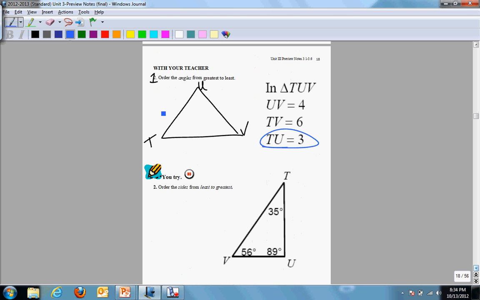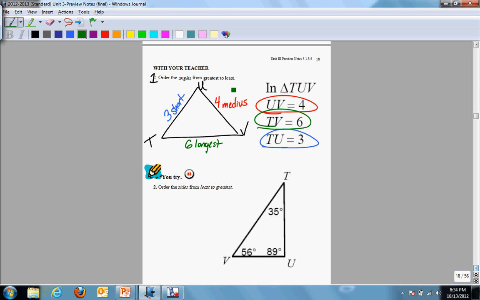TU is 3. TU is my shortest side. UV is 4. That's going to be my medium side. TV is 6. That, of course, is my longest side.